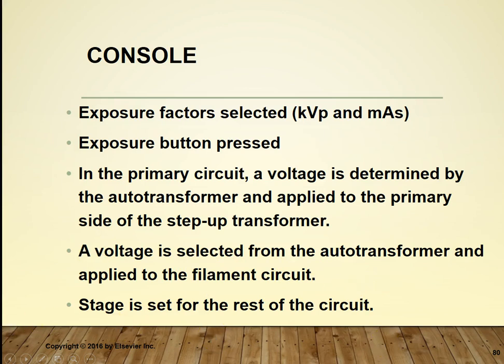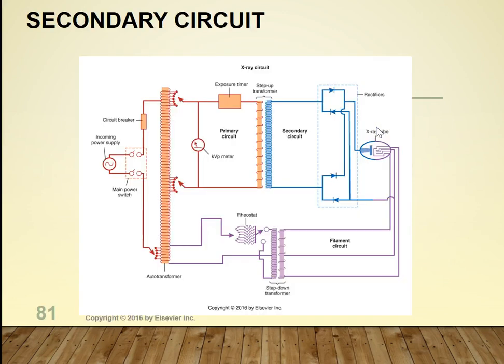Therefore, the stage is set for the rest of the circuit. With the voltage and the current selected and traveling, now you're going to actually get x-ray production. So the primary circuit involves you selecting these two plus whatever other parameters need to be chosen, and then you get started. So now let's look at the secondary circuit.